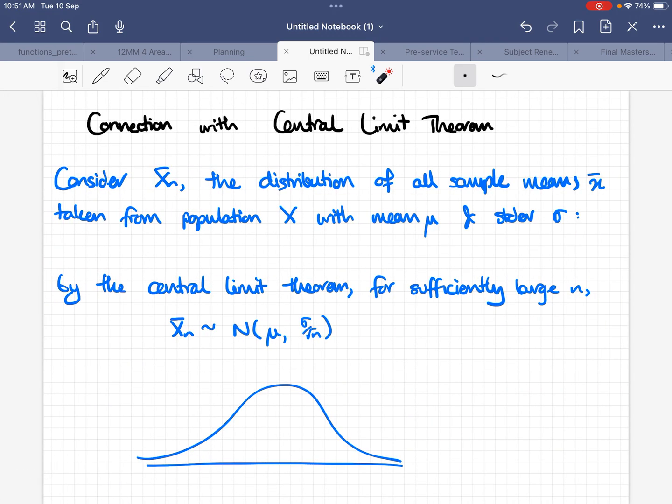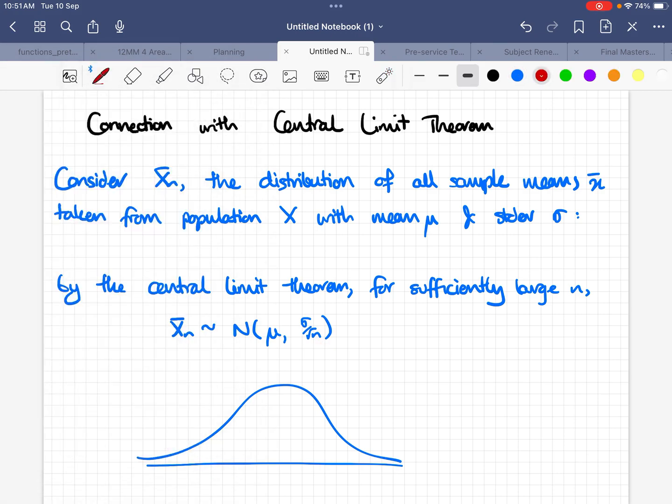So just to refresh the central limit theorem, if we've got a distribution x bar n, which is the distribution of all of our sample means, taken from a population x with a mean and a standard deviation that we know, by the central limit theorem, when n is sufficiently large, and in this situation we're always going to be working in situations where n is sufficiently large, x bar n is normally distributed with a mean equal to the mean of x, and the standard deviation is sigma divided by the square root of n.